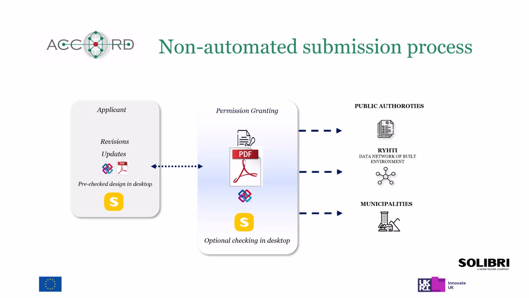Here we have a very simple description of the non-automated submission process. The applicant delivers the material to the permission granting authority, and there PDF is the main format at the moment in Finland. They have the optional possibility to check on the desktop if they want to, and the applicant has a similar option if they want to check their design IFC.